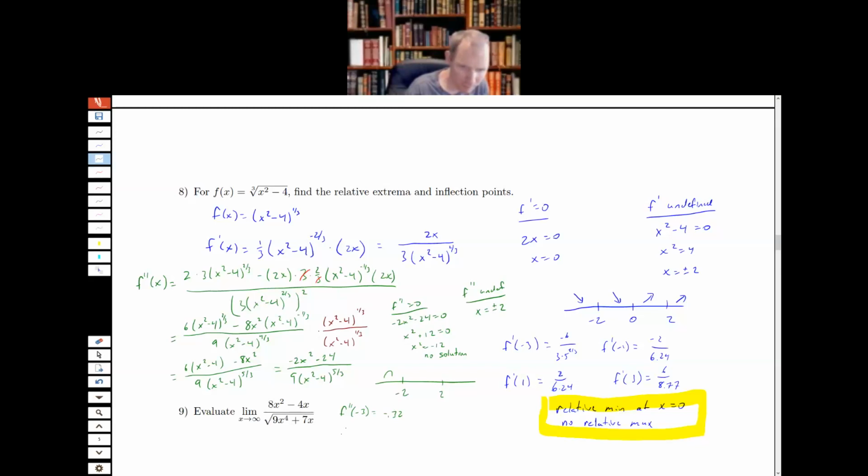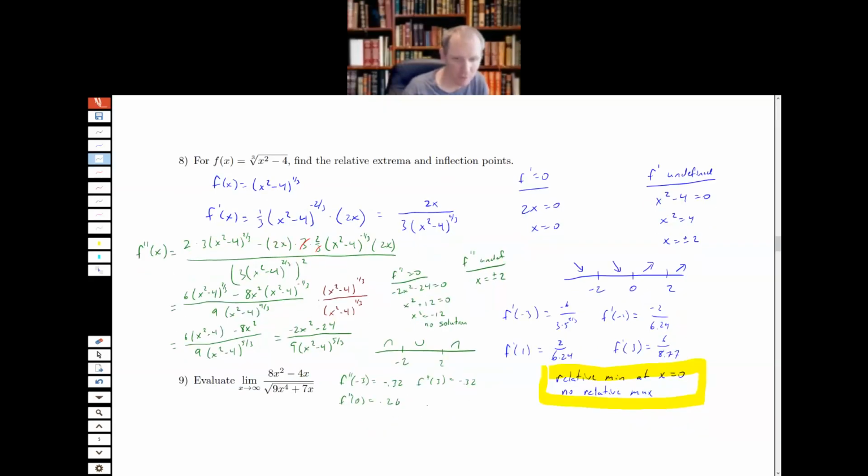It's positive, so it's concave up. And finally, something bigger than 2. I'll plug in, say, 3. I get the same thing as when I put in negative 3. Okay, I get a negative, so it's concave down. So both negative 2 and positive 2 are inflection points.